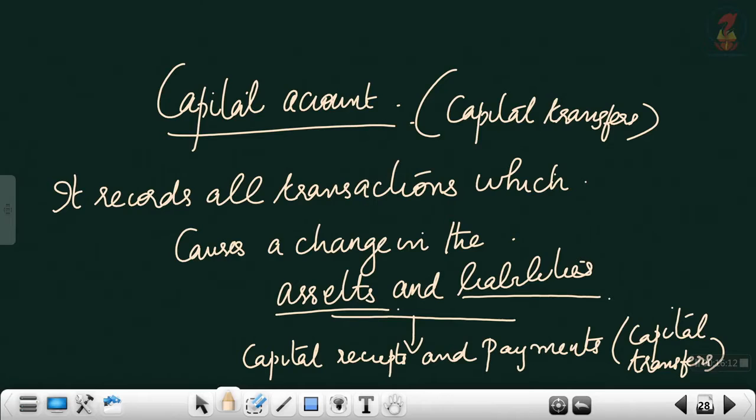So capital account records all the transactions which cause a change in the assets and the liabilities. Therefore, when it causes a change in the assets and liabilities, what should come to your mind? Capital receipt and capital payment, which can be termed under one heading as capital transfers.